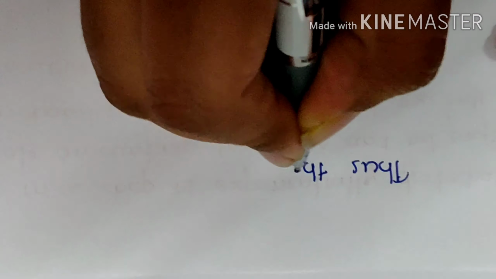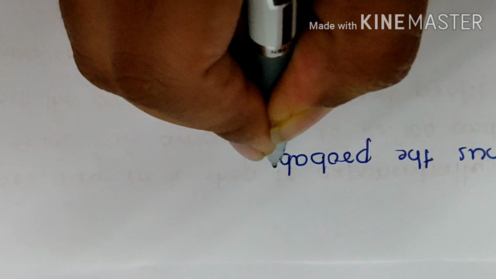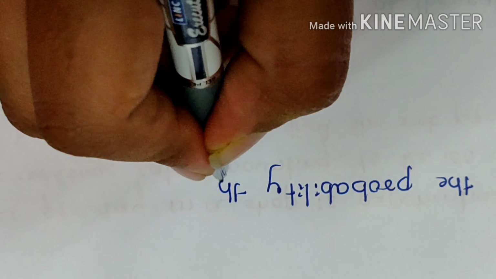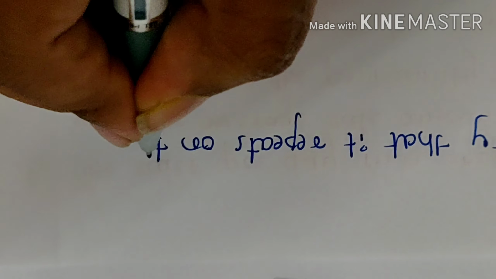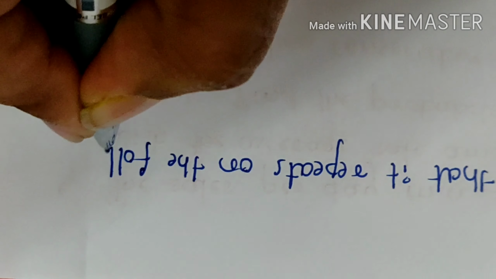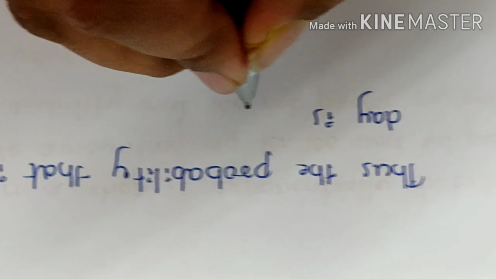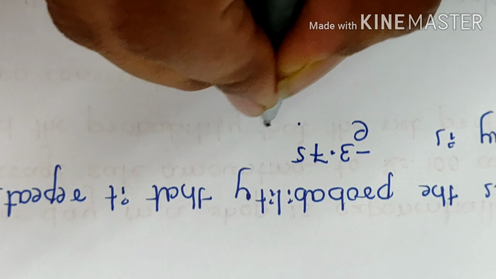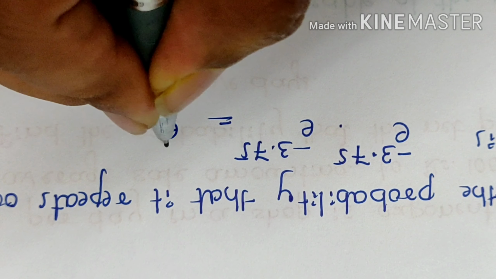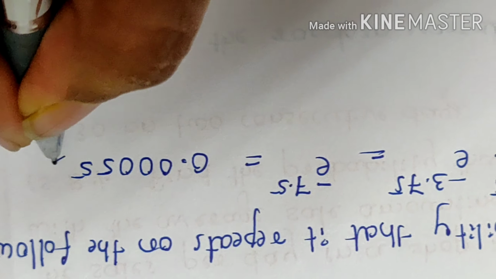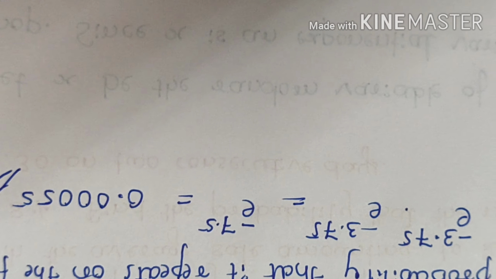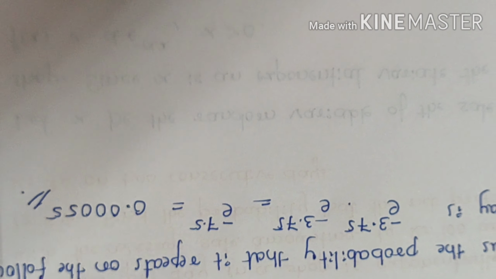Thus the probability that it repeats on the following day is e raised to minus 3.75 into e raised to minus 3.75, which is e raised to minus 7.5, which is nothing but 0.00055. This is the probability of the net profit exceeding rupees 30 on each of the consecutive days.